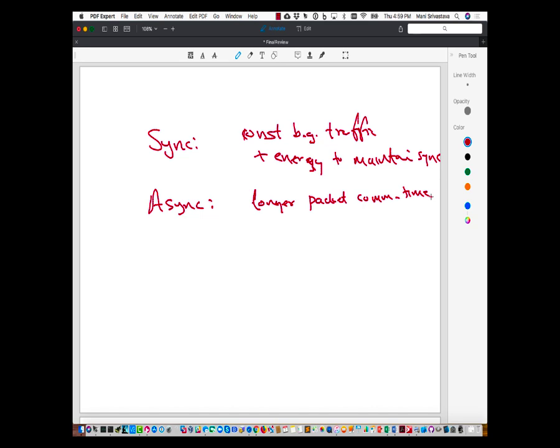right? So no sync, but so which one, what do you think will be the factors which decide one versus the other? Under what circumstances do you think you will use sync, and under what circumstances do you think you will use the async approach?